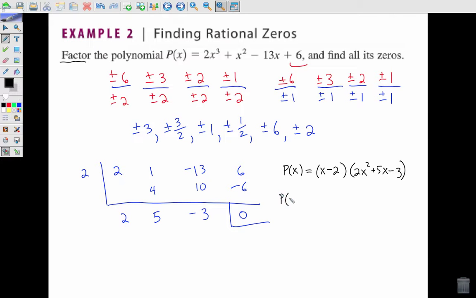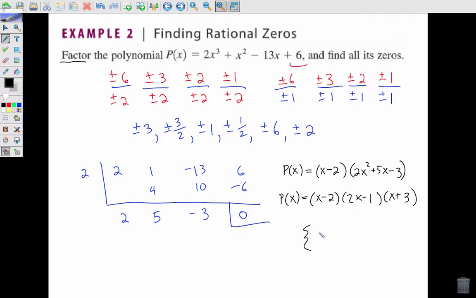We want to factor completely, so let's look at this and see if we can factor further. So 2x and x, and if I put 3, will that work? No. Let's put the 3 here, plus minus 1.